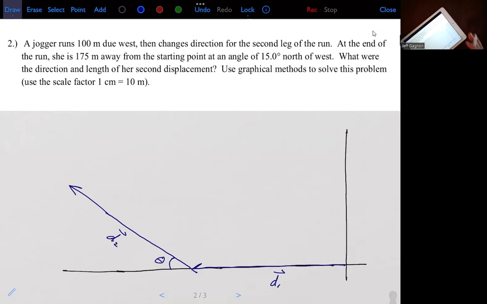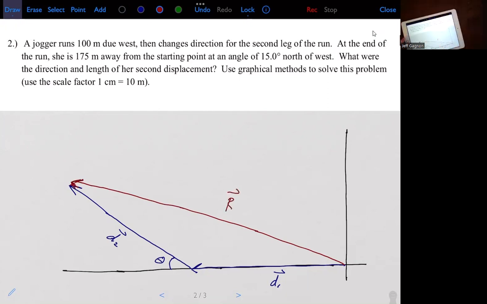But we do know that the resultant, if I add these two together, the resultant displacement was, so from the tail of D1 to the tip of D2, so something like this. Those should meet right there. And then this value we're given, right?